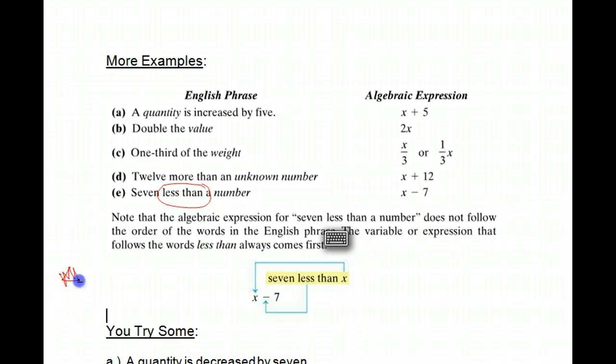But since that verb is not there, we are referring to the subtraction of 7. And when it is 7 less than a number, please note that the setup of that is actually flip-flopped, just as shown here in this little diagram.